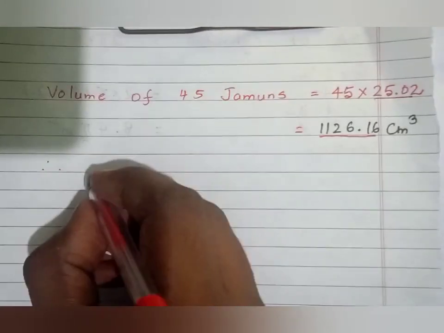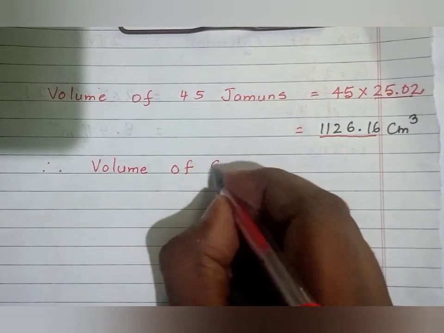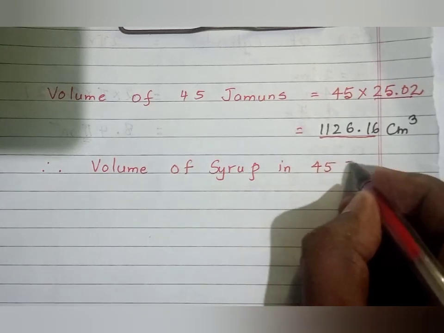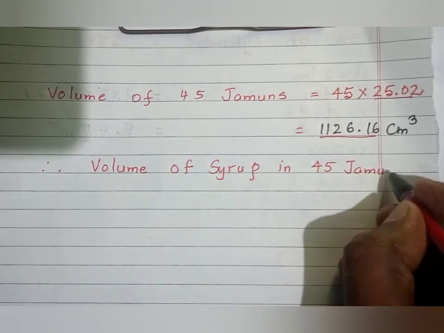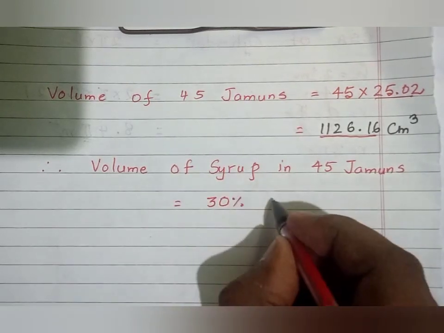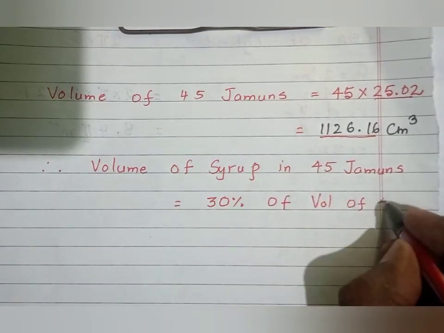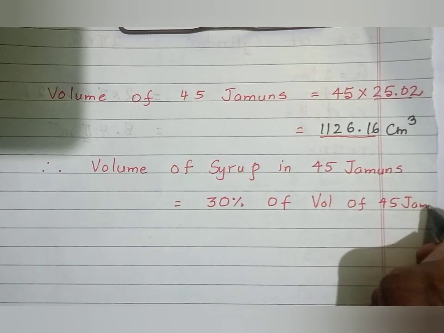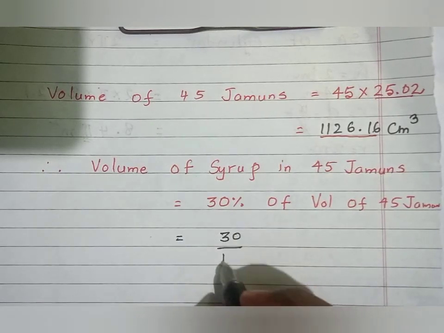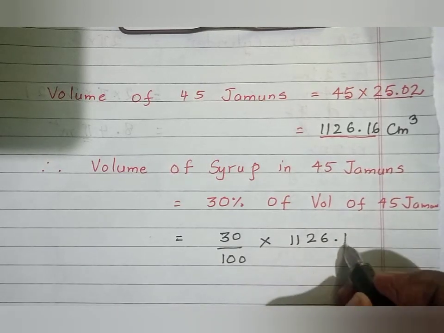Now the volume of sugar syrup is 30% of the volume of gulab jamuns. So 30% of volume of 45 jamuns, that is 30 by 100 into volume of 45 gulab jamuns, which is 1126.16.